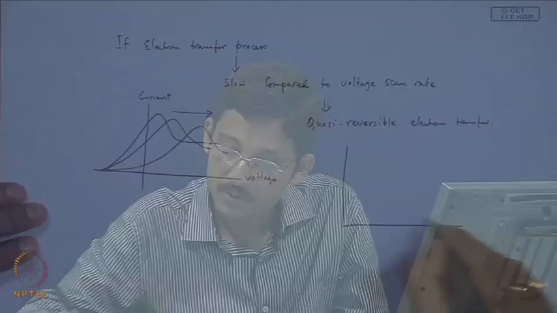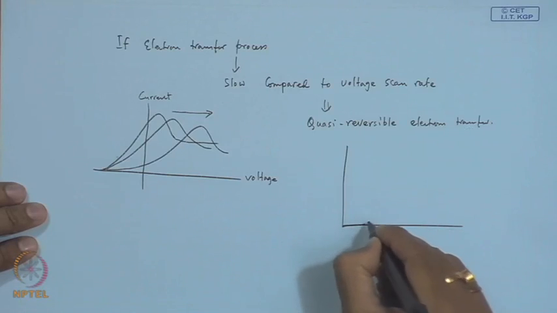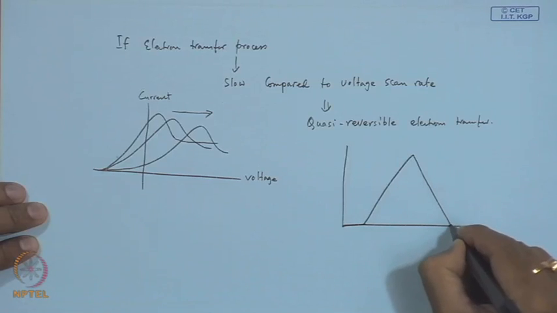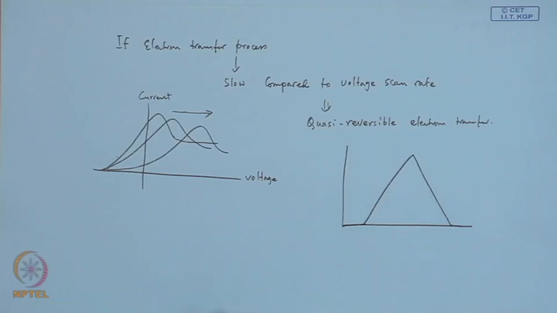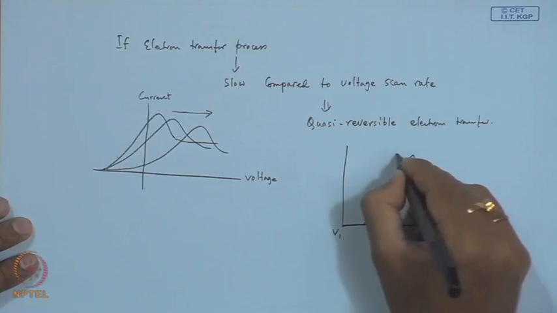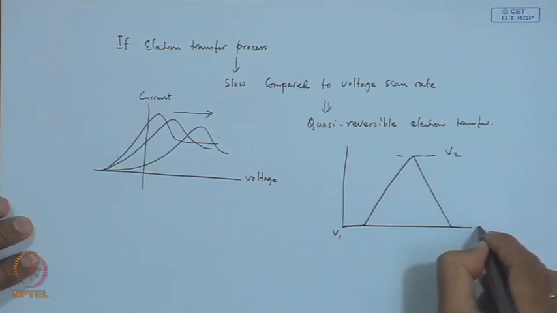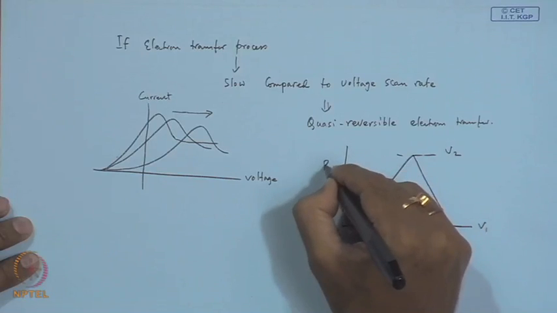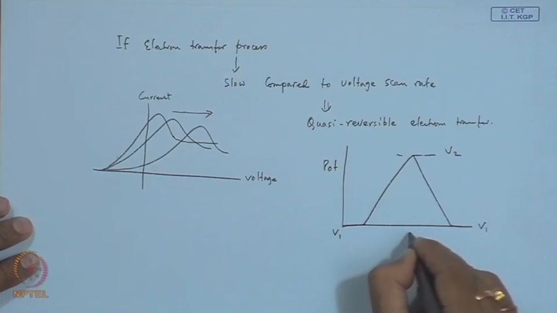But now if you do an arrangement such that you can change the voltage sweep from here to this value, and then it is coming back to its original value. So, cyclically change from say V1 to V2 and then V2 again to V1. This is your potential value and this is your time.